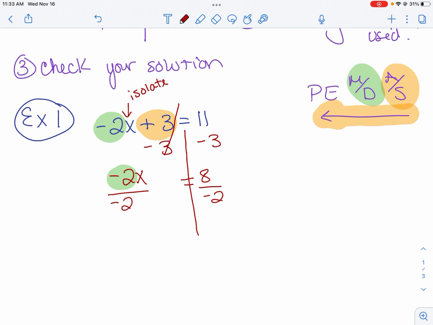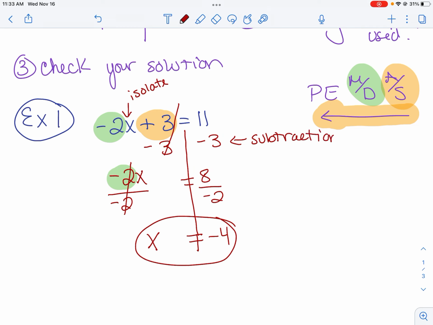Negative 2 divided by negative 2, those would cancel out, and I'm just left with 1x, which is really just x. That's equal to 8 divided by negative 2, which is negative 4. So two steps to solving. We did the subtraction property of equality, and down here we did the division property of equality, right?